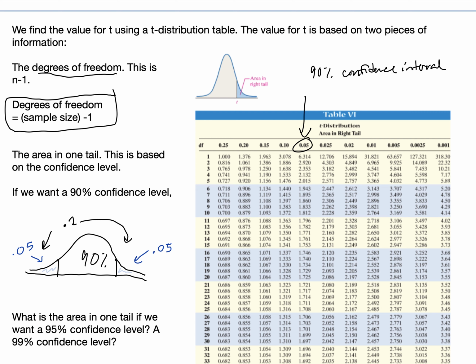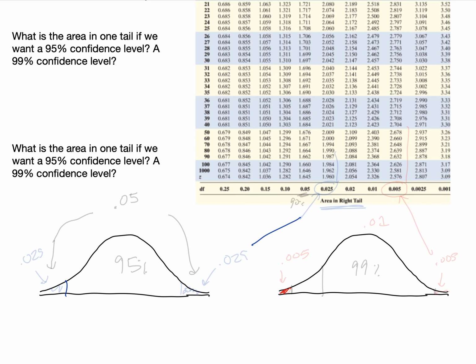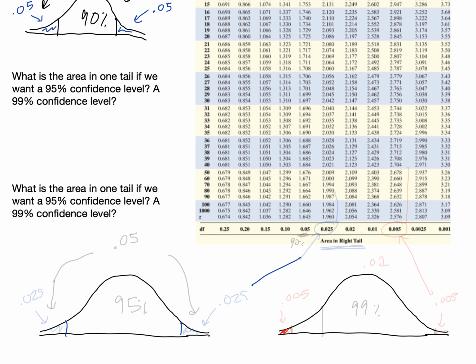And then if we were talking about, say, a 95% confidence level or a 99% confidence level, think for a moment about what the area in one tail would be in that case. Okay, so if we were talking about a 95% confidence level, that means that we want 95% of our data in the middle. So what is remaining on the two tails together?